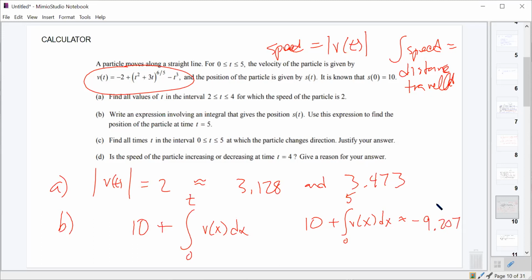Y'all agree with that value? 2 points for part B, 1 for the integral setup with the 10 plus, and 1 for negative 9.206. Question? It'd be fine. I don't think they'd dock you for that.